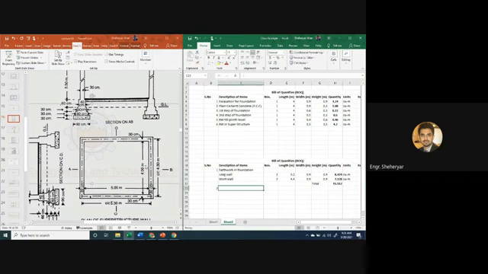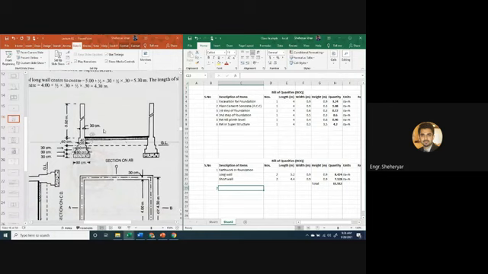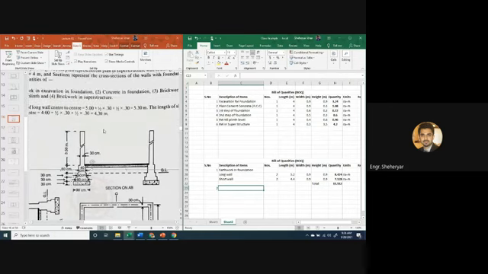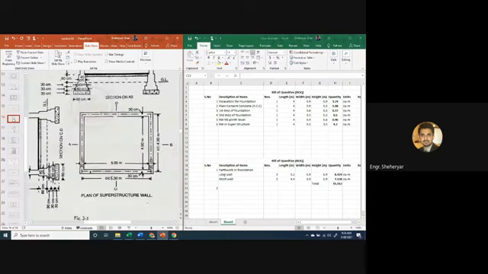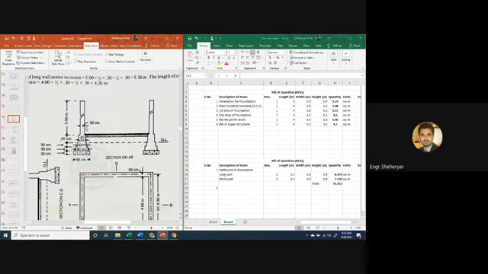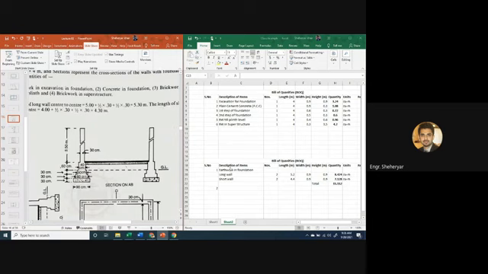Okay, now what is the second item which we have to calculate? Concrete in foundation. Again, copy this long wall and short wall and paste it here.